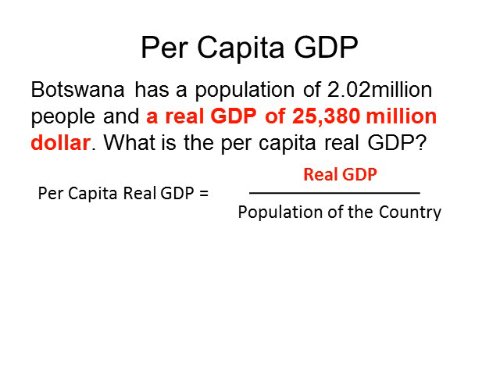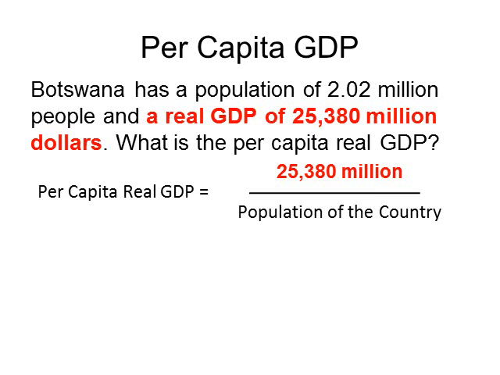The second thing that we need to do is locate the real GDP of the country. In this case, the real GDP of the country is $25,380 million, and we will substitute that into the formula for the real GDP. So our formula now becomes the real per capita GDP is equal to 25,380 million divided by the population of the country.